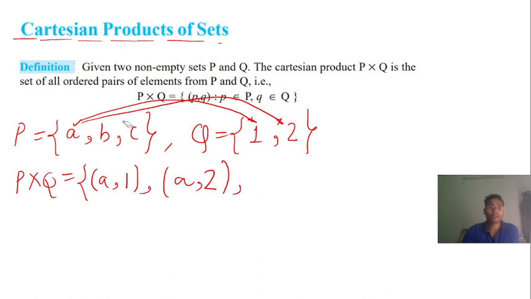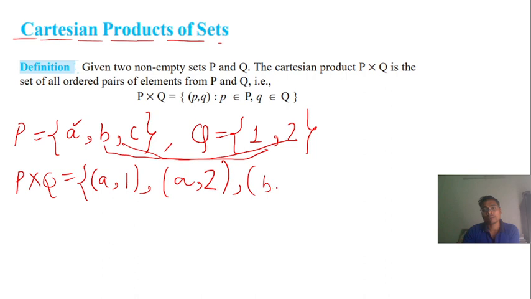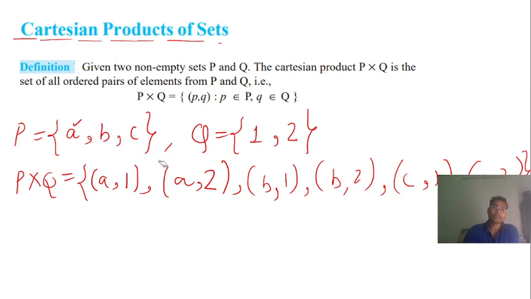Then similarly we will do the product of B: B1 and B2. Similarly we will write C1 and C2. So that's how we did our P cross Q, or Cartesian product of sets.